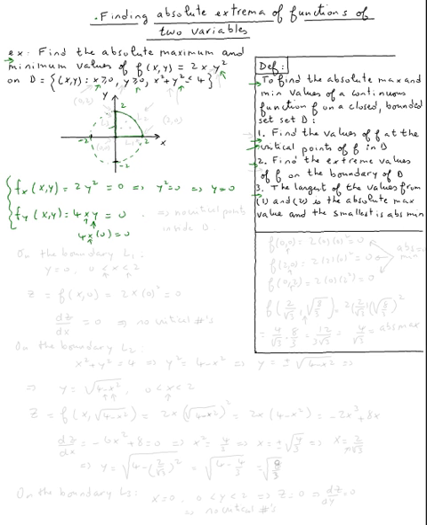We're on this boundary, so we don't care. When we do 1, in other words, when we find the values of f at the critical points of f, we're looking for points that are inside the region, anywhere inside, not on the boundary. Number 2 is the one that takes care of the boundary.